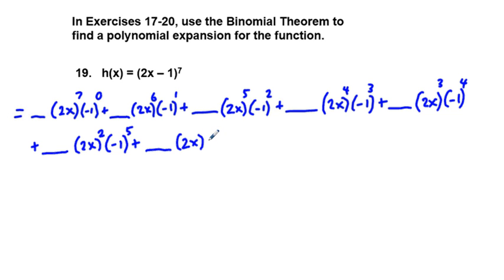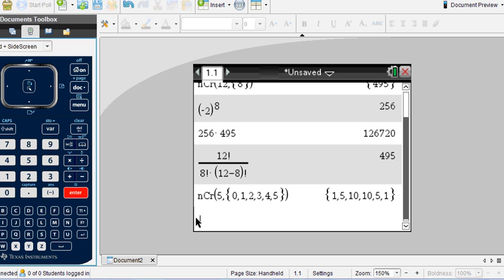I'll just leave that here. And we're going to have, I'll put 1 just for, and we'll have -1 to the sixth power. And plus, our last term is going to be coefficient. We're going to have 2x to the 0 power times -1 to the seventh power. And we have a 7 right here, so we go to n equals 7.